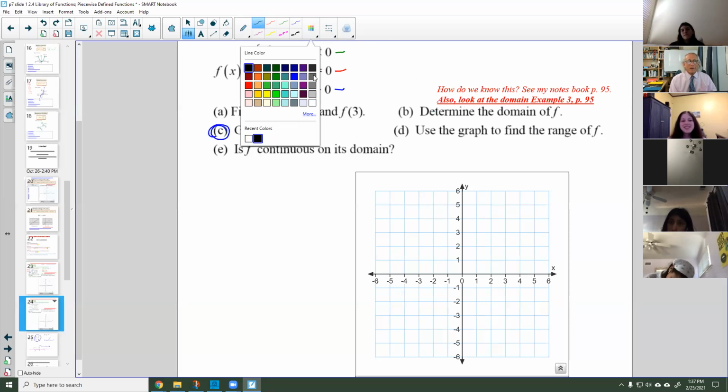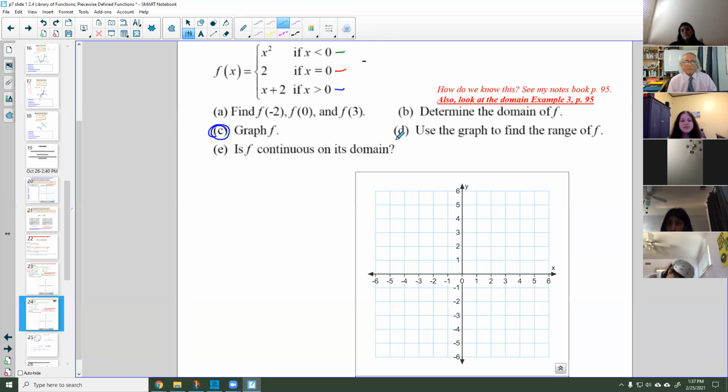All right. Okay, here we go. No, we're gonna do green. Okay. So I'm gonna start at the top, and I'm gonna ignore this for a minute, and I'm just gonna graph x squared.